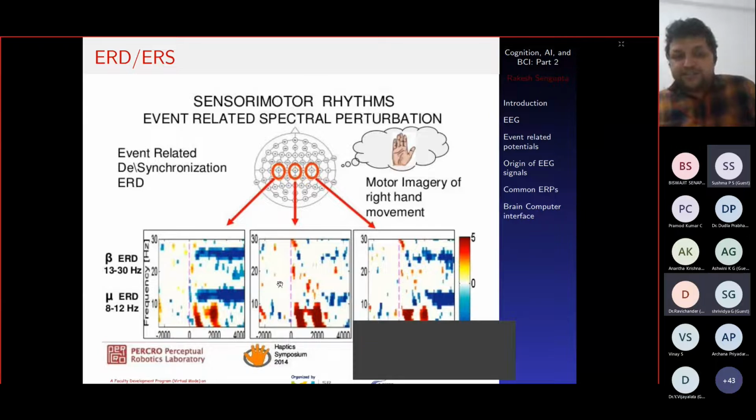Alpha power of the frequency band, the EEG signal power. Those of you who have done digital signal processing will know that we are talking about the power of the signal. So the power of the signal within that particular frequency band decreases.